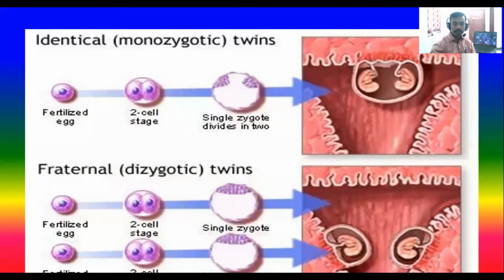Look at this: fraternal, identical twins. Identical is fertilized in only one egg and spreads into identical. Fraternal means like this.